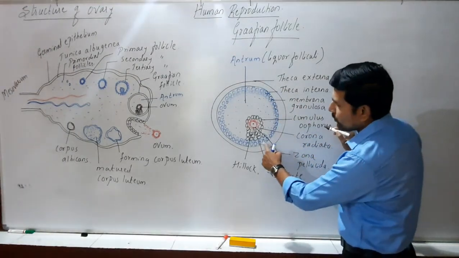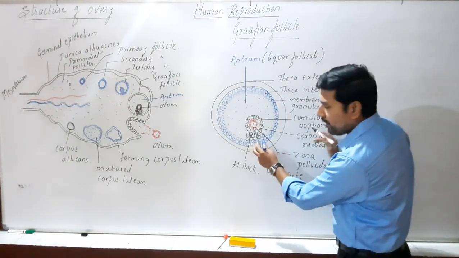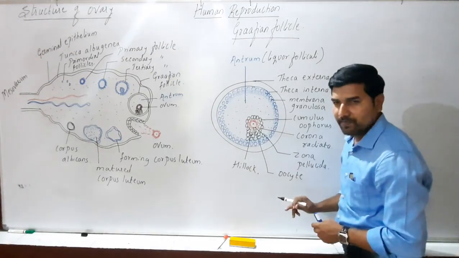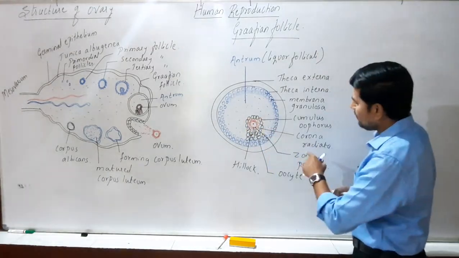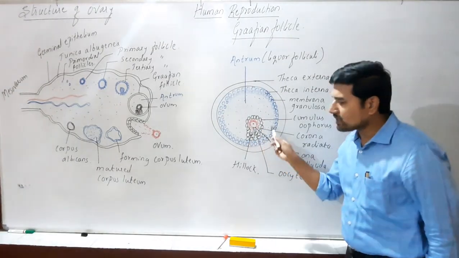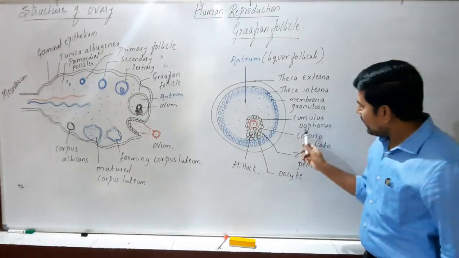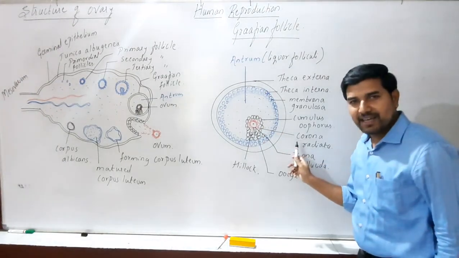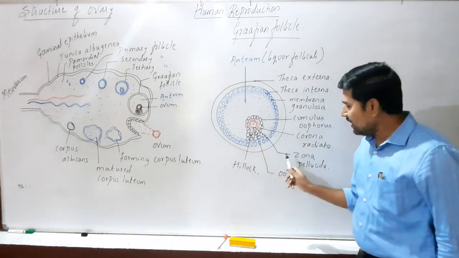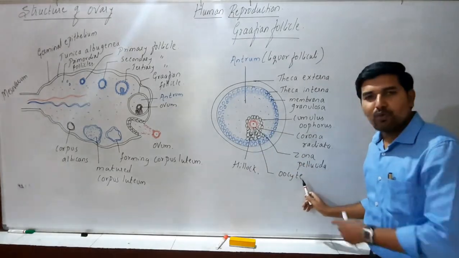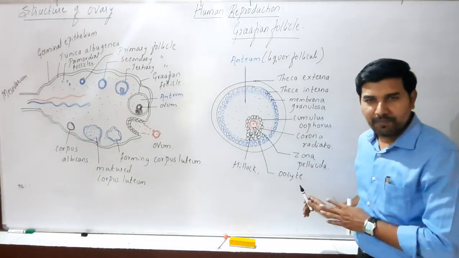These membrana granulosa cells, at one point, form a heap-like structure called a hillock that surrounds the ovum. The outer cells we call cumulus oophorus cells, which surround the outer part of the ovum. Below the cumulus oophorus cells, we observe corona radiata cells. Below the corona radiata, we have the zona pellucida, and inside this we have the oocyte or the ovum.